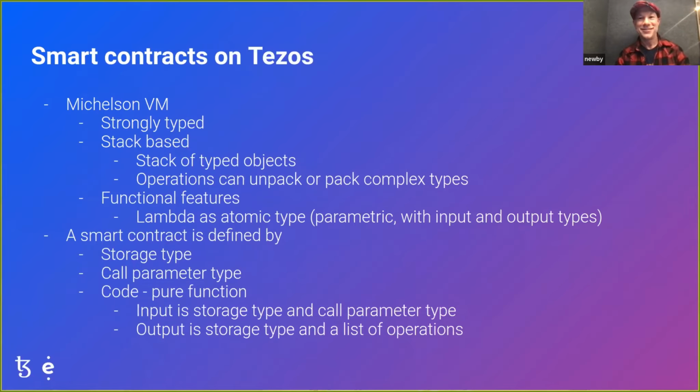When you're coding on smart contracts or thinking about smart contracts on Tezos, one of the most important differences from some other chains is the Michelson VM, which was one of the core features of Tezos with its strongly typed, verifiable nature. So this is a strongly typed stack-based VM, stack-based in the sense that the operations operate on a stack of typed objects.